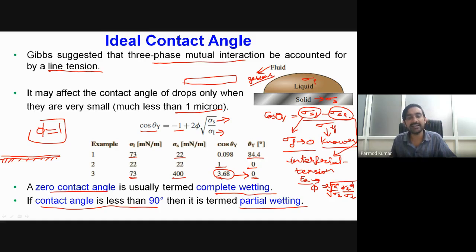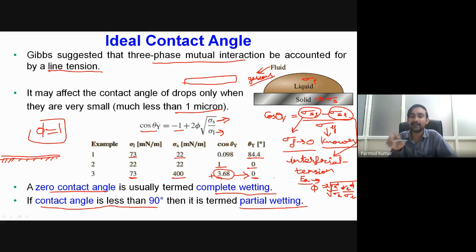In that case, cos theta will have the minimum value at the boundary angles only. If its value is becoming positive, then we will have the boundary angle corresponding to 0 degrees, and if its value is becoming negative, then we will have the boundary angle equal to 180 degrees.